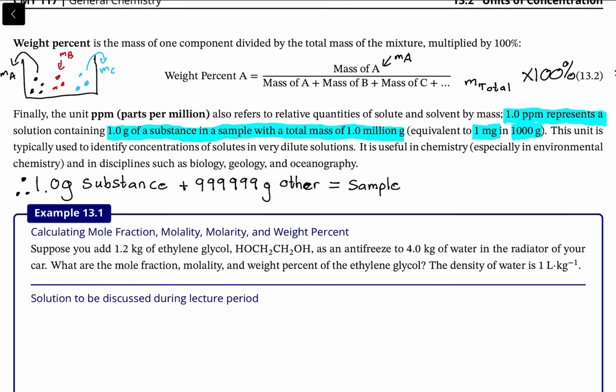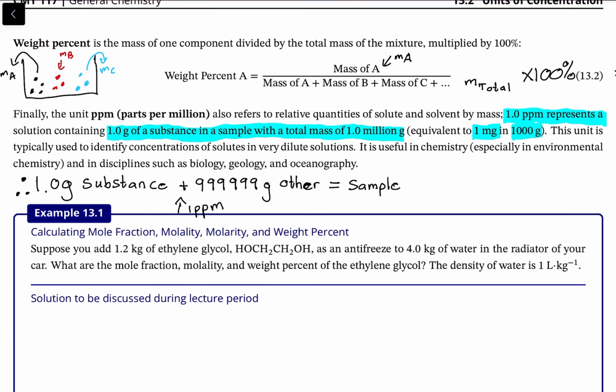So you have 1 gram of something that you're interested in, a substance, and there is 999,999 gram of other stuff, and that together makes up one sample that weighs 1,000,000 gram. That is what 1 ppm is.